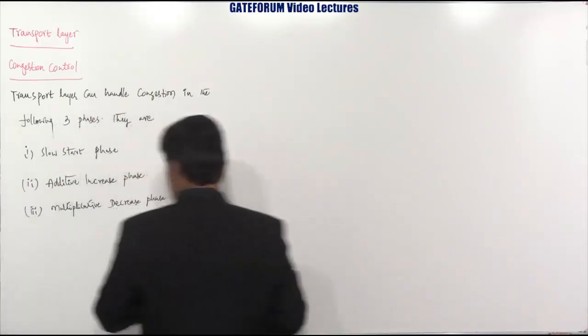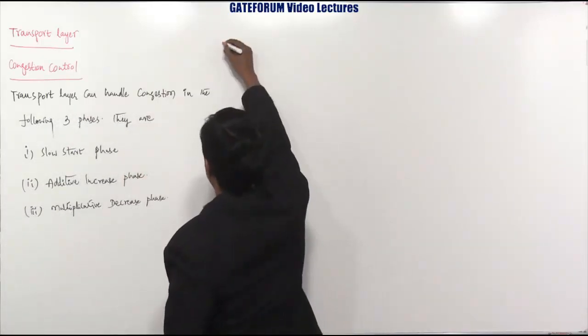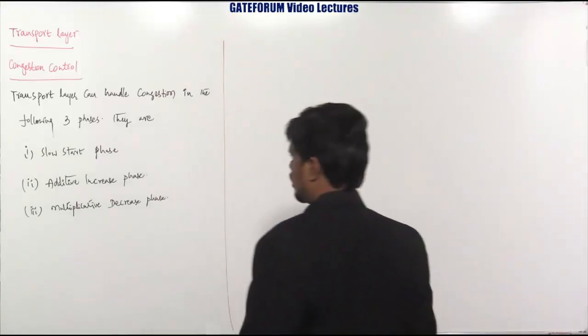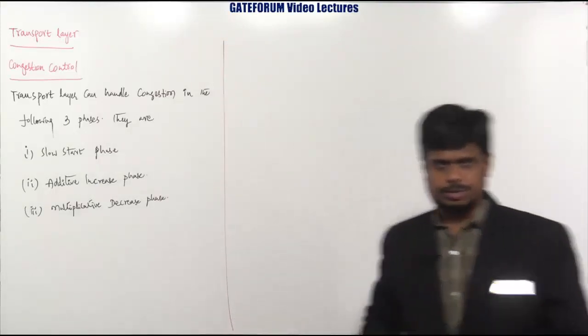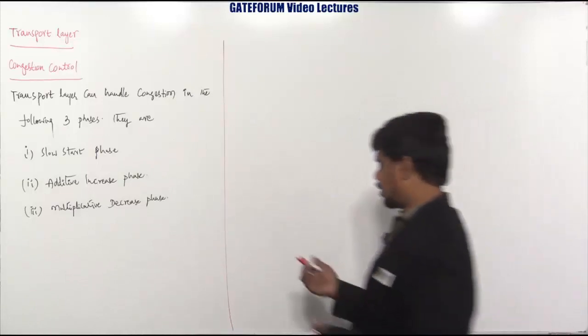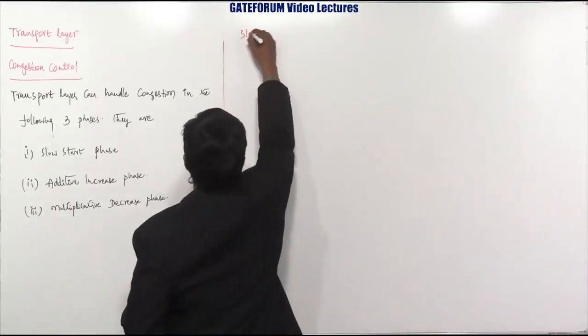Regarding the slow start phase, additive increase phase and multiplicative decrease phase, now we are going to see some theory description. First we are going to see the slow start phase.